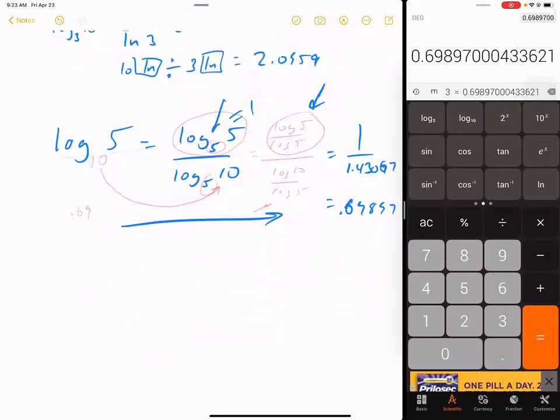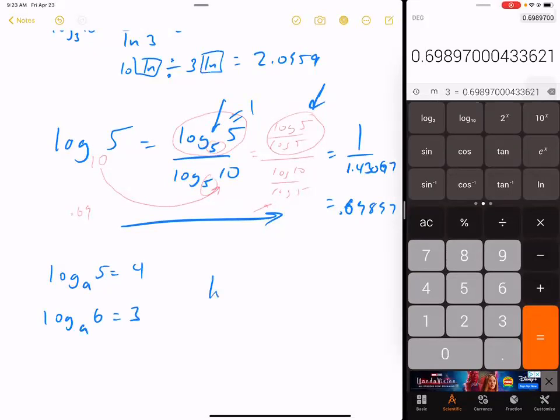There are some problems, like on the SATs, where they may tell you log base A of 5 is 4, and then they'll tell you log base A of 6 is 3. I'm making this up, okay? What is log base 6 of 5?